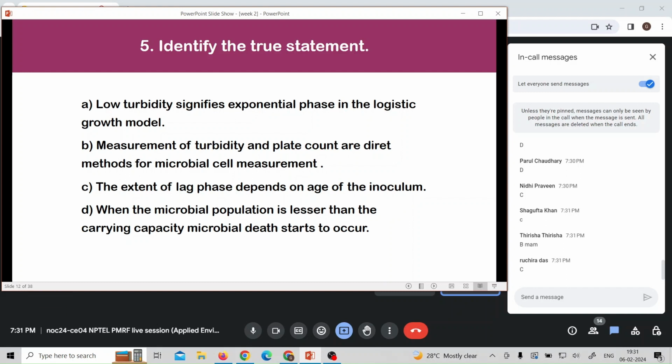I'll give you 1 or 2 more minutes to tell me what is wrong in the answer that you have told. Like what is true, or why are the other options false? Any explanation? Because we have got B, D, and C in the answers from you people.